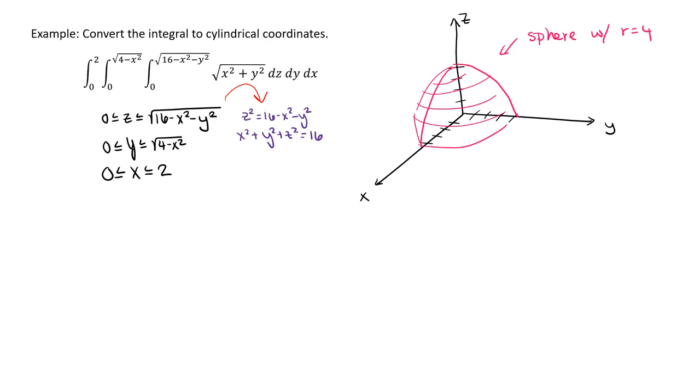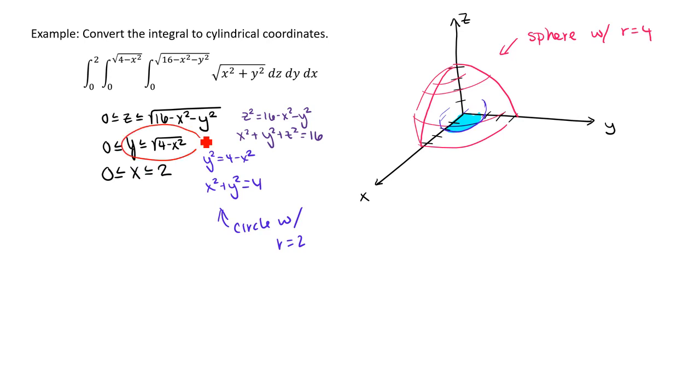And now the y values are starting at y equals 0. So y equals 0 is right there. And then they're going to the square root of 4 minus x squared, y equals square root of 4 minus x squared.